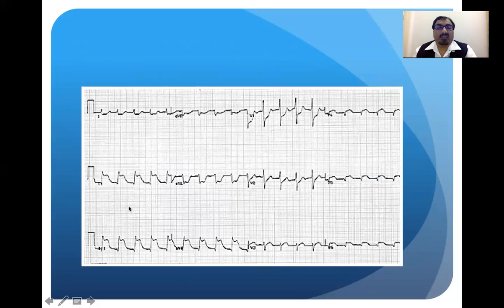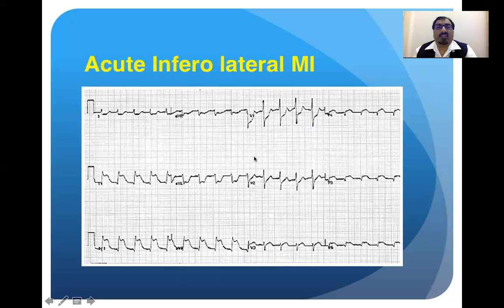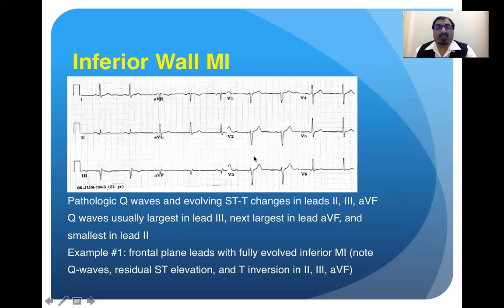And if you look at the same thing in the inferior wall, there are some reciprocal changes. Acute infralateral MI, and then there is an inferior wall MI. Again, these are some of the changes which are commonly seen in your clinical wards when you come across a patient and you see these ECGs.